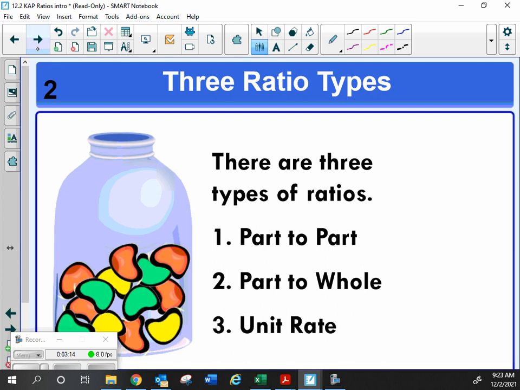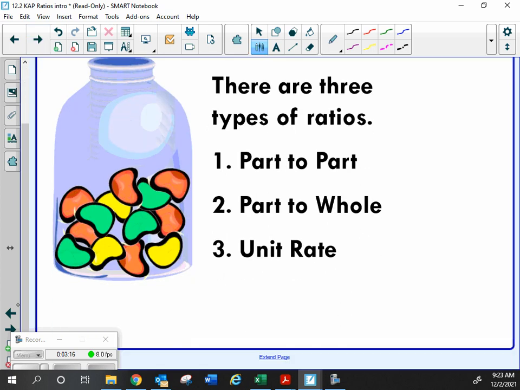No. And then a unit rate. Unit rate is something I always think of when I go to the grocery store, thinking about the cost and the number of cans of soda that I get.